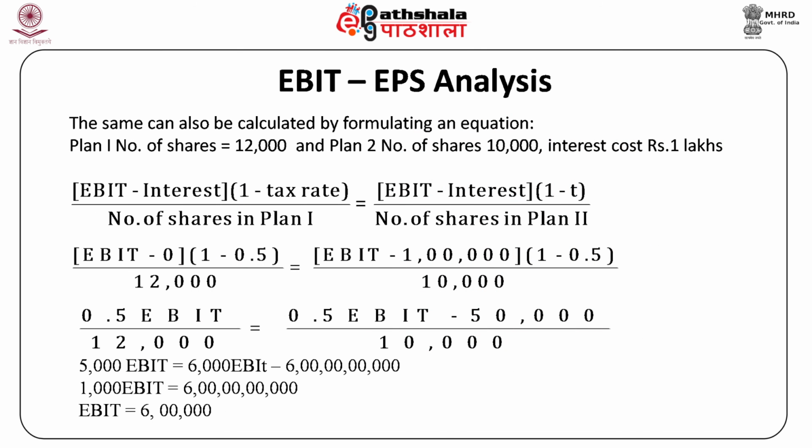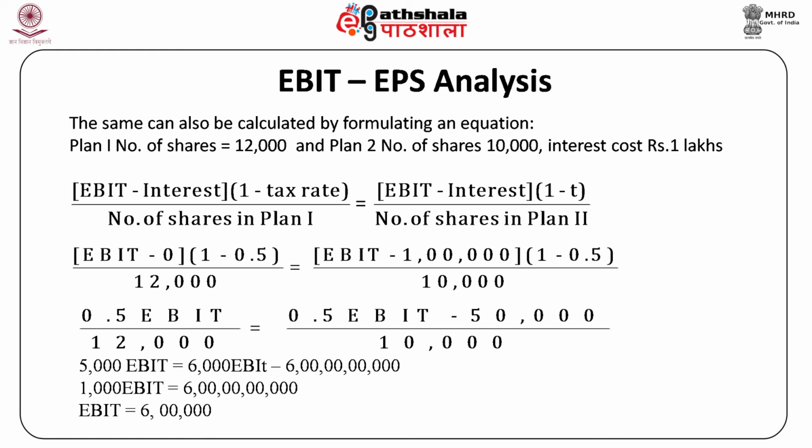The same can also be calculated by formulating an equation. Plan 1, number of shares 12,000. Plan 2, number of shares 10,000. Interest cost 1 lakh. The equation used here is EBIT minus interest multiplied by 1 minus tax rate divided by number of shares in plan 1.